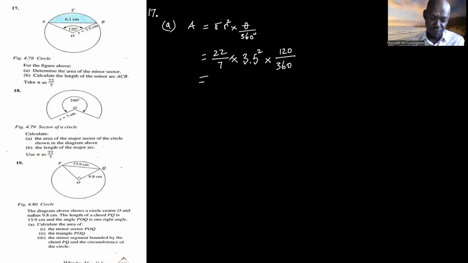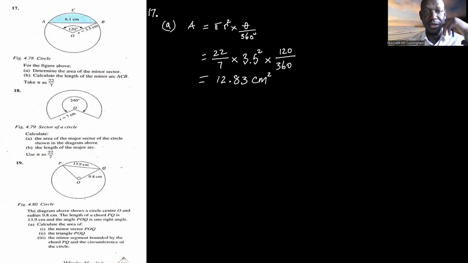So the answer would be 12.83 centimeters squared. So calculate the area of the minor segment ACB.